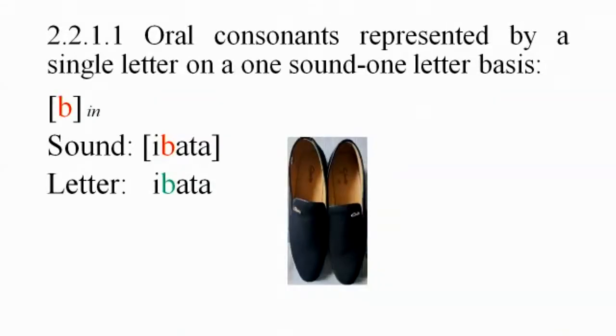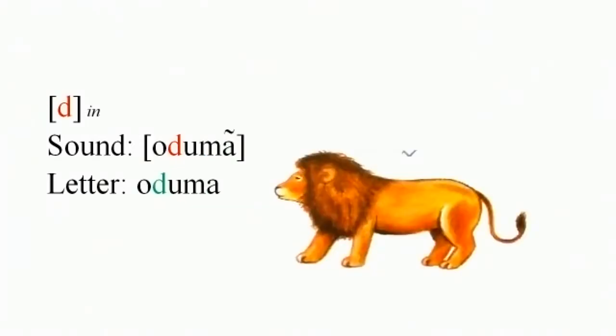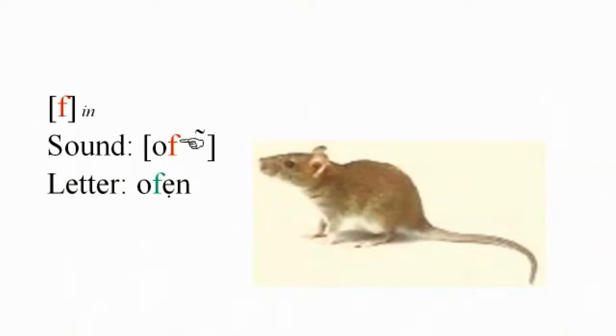So you have the sound B is represented by the letter B of the Roman alphabet. So no difference in form, as you have in green there. And you have in Oduma, the sound D is represented by the letter D. The sound C in Edo is represented by the letter F. You see the difference?